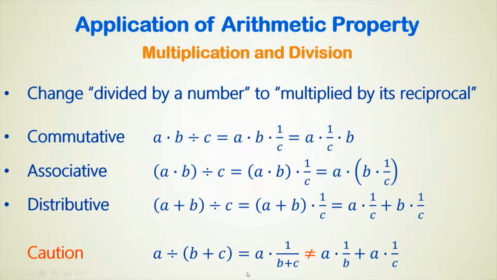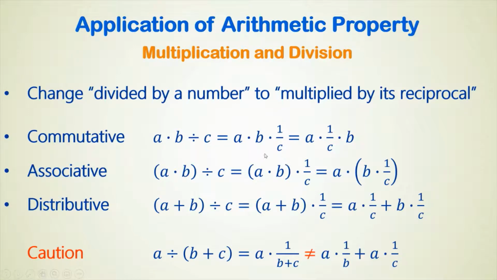So a quick review of our previous arithmetic properties of multiplication. Again, earlier we said division is not commutative or associative. But the key here is if we change divided by a number to multiplied by its reciprocal, then we can extend the usage of the commutative and associative properties of multiplication. So here, if we have a times b divided by c, it's the equivalent of a times b times 1 over c.